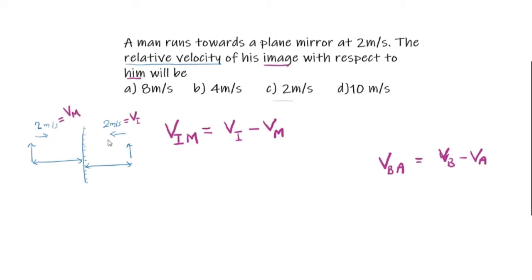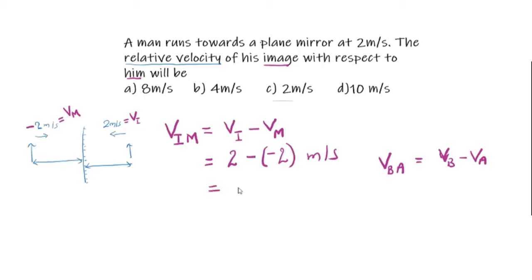But since both are moving in opposite directions, we take velocity of man as minus 2 meters per second. So now putting the values in the formula, velocity of image is 2 meters per second and minus velocity of man is minus minus 2 meters per second.